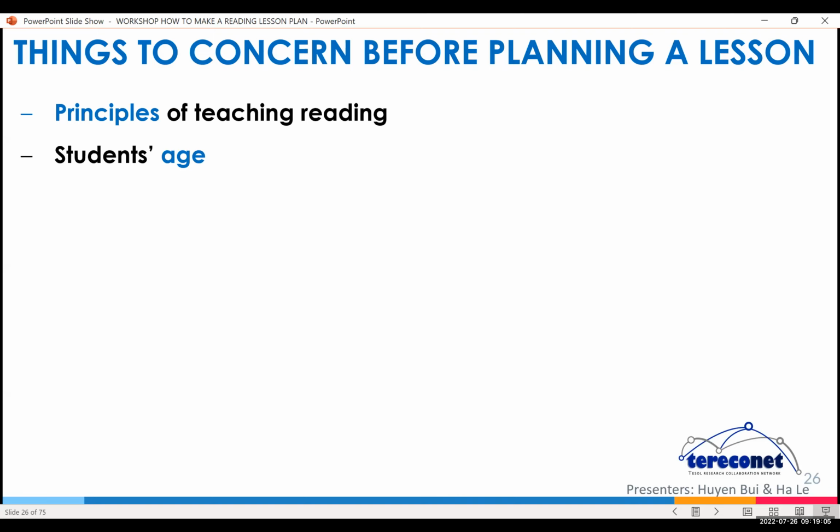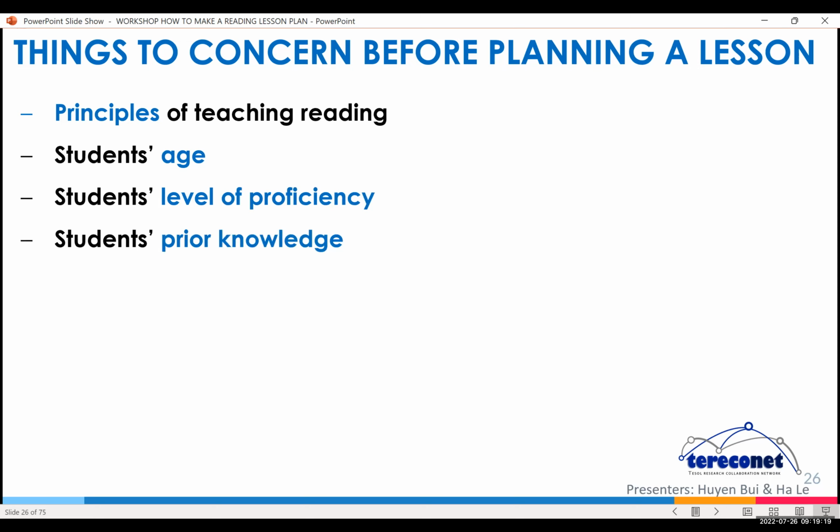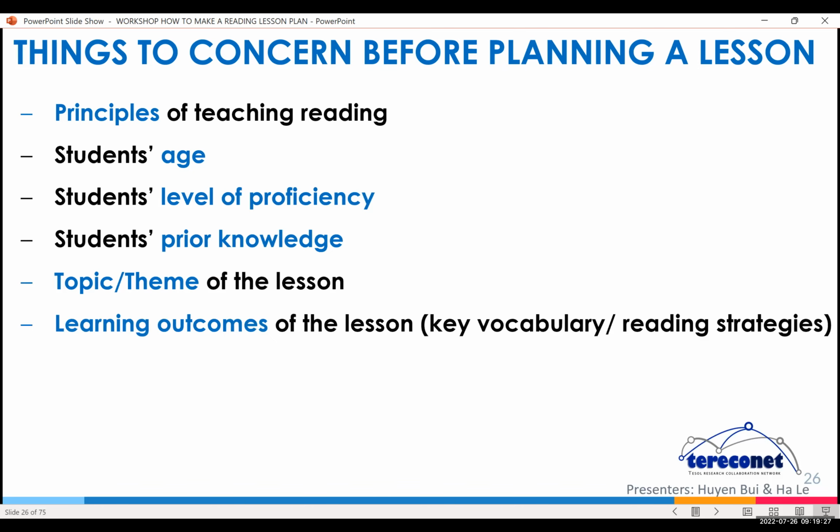We will have different ways of teaching for young learners, for teenagers, and for adults. We should pay much attention to the student level of proficiency, the student schemata, or I say the prior knowledge, and the theme or topic of the lesson on that day. The learning outcomes are so important. Also the student type of intelligence, or we can say characteristic: if they like to do some action in class, if they like to listen to music, if they like to play with the words on paper, for example.